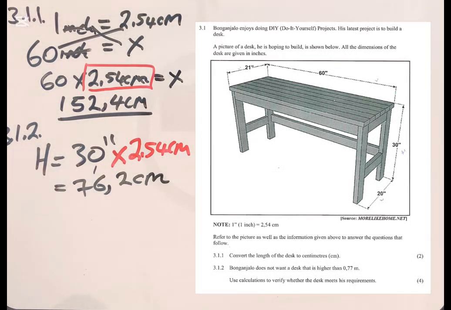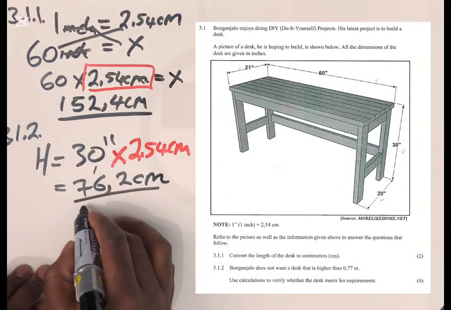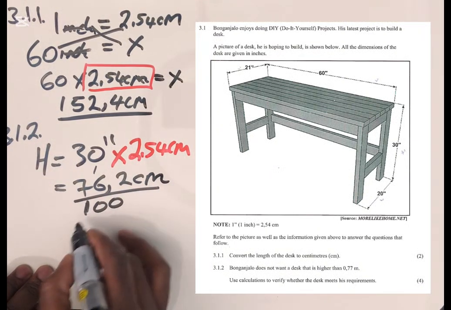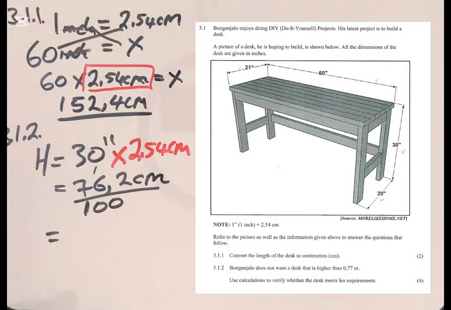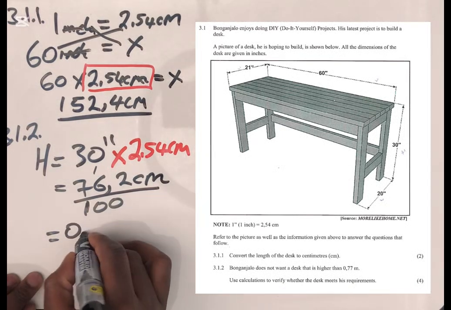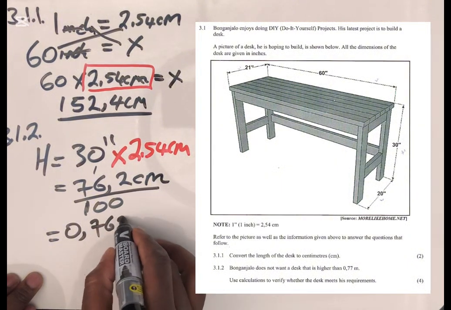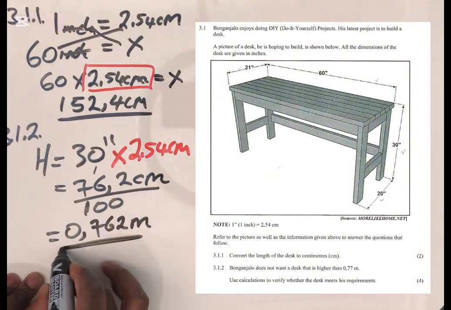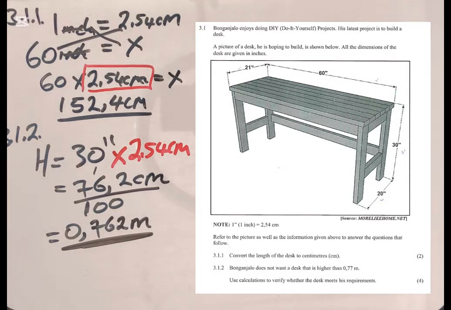How do you convert this to meters? What is the relationship between centimeters and meters? It is 100. So you're going to divide here by 100. Why do you divide by 100? We are converting this to meters. We found that it is 0.762 meters. 30 inches is the same as 0.762 meters.